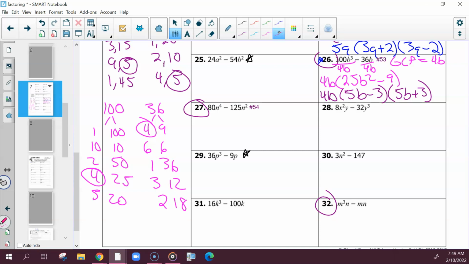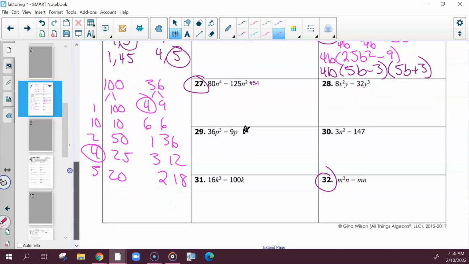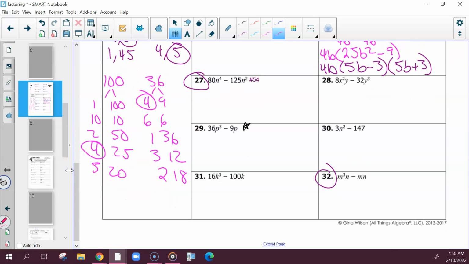For 27, are the numbers given perfect squares? Can we start off doing it that way? No?